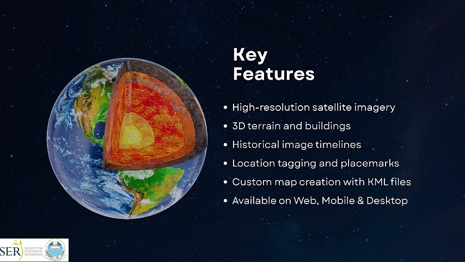This is possible because of the satellites that help capture these images from space. They give you 3D terrains, buildings that can be man-made or natural. They come in very high quality, and it helps you depict and also plan, and view historical images through timelines.